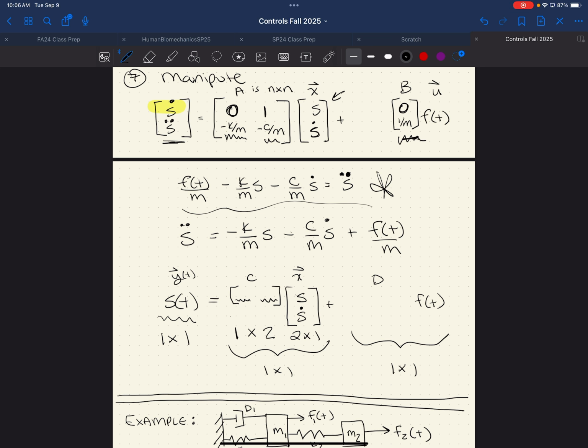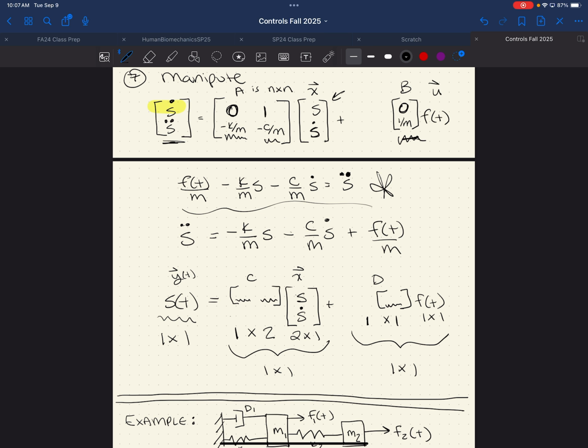And then D, this is already a 1 by 1. If I want the outer dimensions to be 1 by 1, this has to be 1. Inner dimensions have to agree, so D must also be a 1 by 1, just one item in there. So as long as you know X and you know U, you can back out what C and D are, at least the size of them.